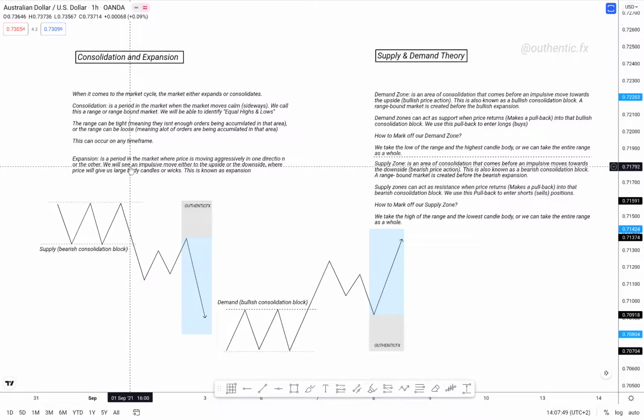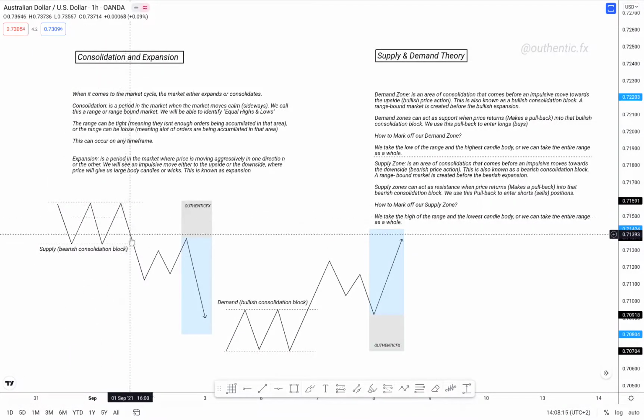Expansion is a period in the market where price is moving aggressively in one direction or the other. So that means it's basically moving bearish or bullish, guys. It's moving up and down, not sideways, guys. We will usually see an impulse move either to the upside or the downside, where price will give us large body candles or wicks, guys. This is known as expansion, right? So if you can see, we're going to have consolidation.